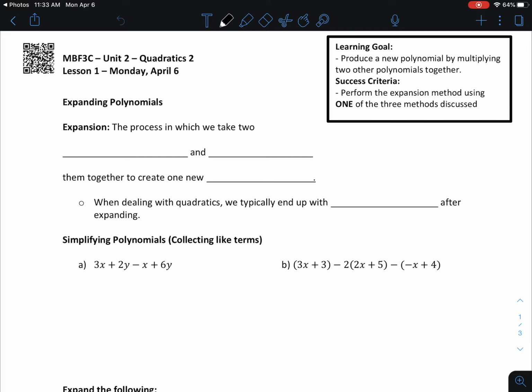So expansion is the process in which we take two polynomials, right? And you remember polynomials. A polynomial is just something with multiple terms in it. So it's 3x plus, or it could be any number of terms, right? And remember, a term is a number attached to a variable, right?